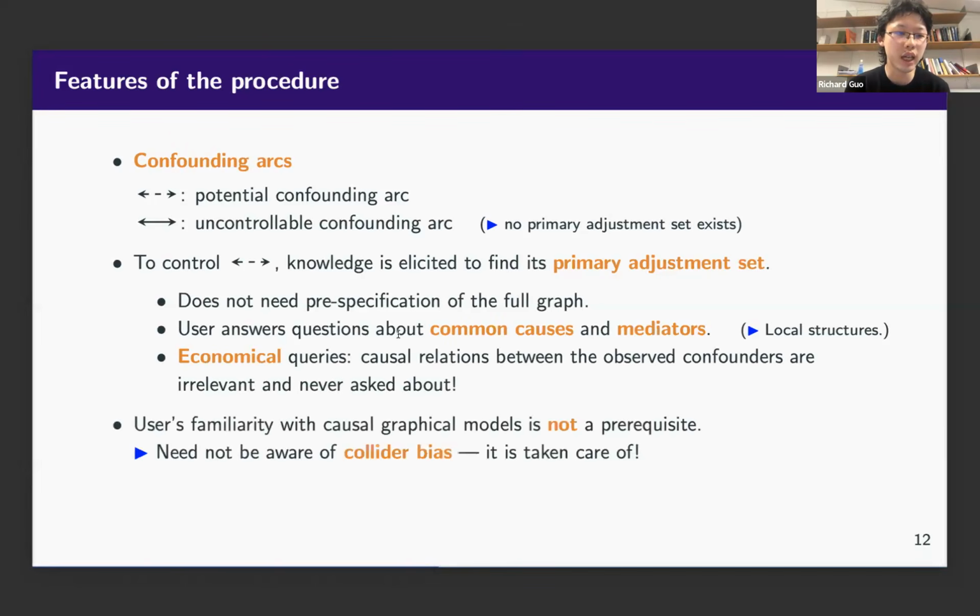And also, the procedure is designed in a way such that users' familiarity with causal graphical models is not a prerequisite. In particular, the user does not need to be aware of what collider bias is. Implicitly, it is already taken care of by this procedure.